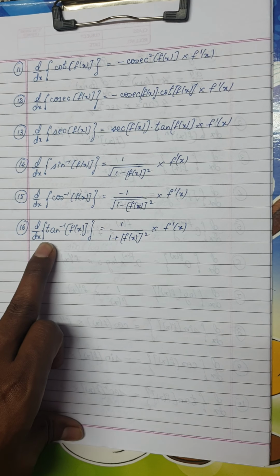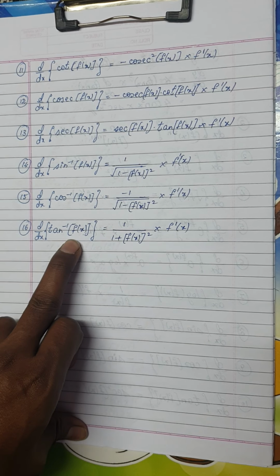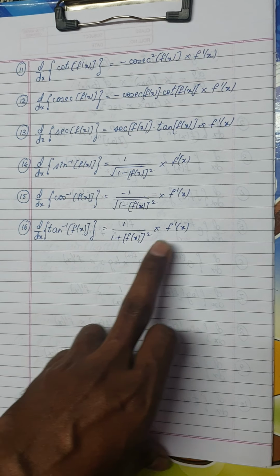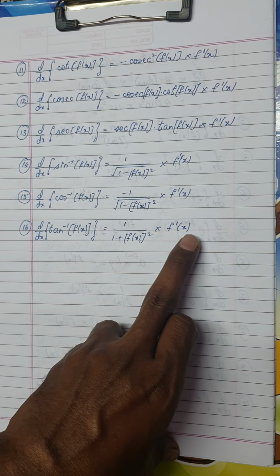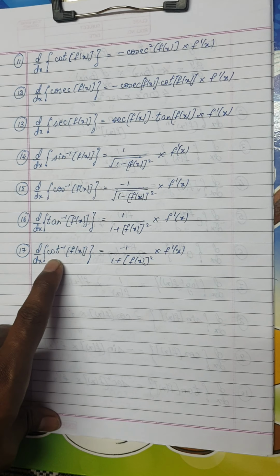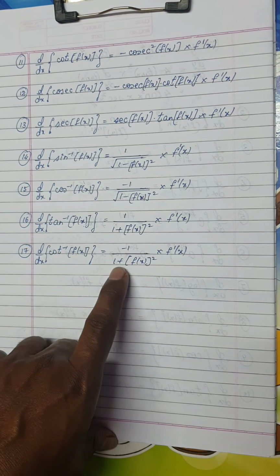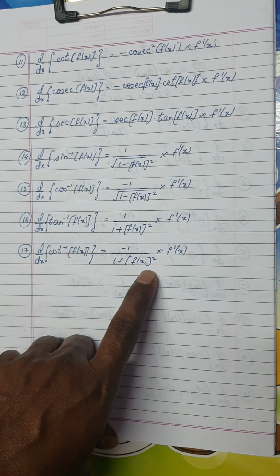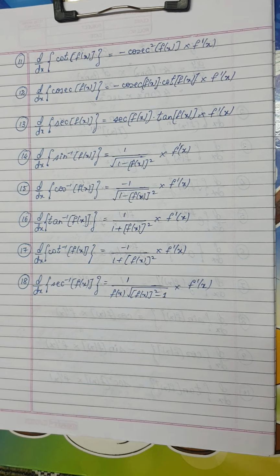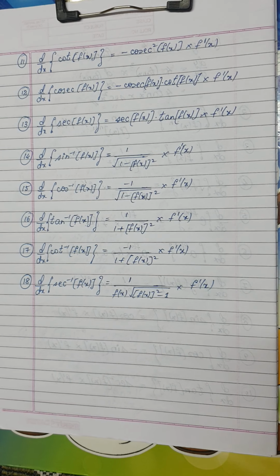Now similarly, the derivative of tan inverse of f of x is 1 divided by 1 plus f of x square into f dash of x. Hence the derivative of cot inverse f of x is minus 1 divided by 1 plus f of x square into f dash of x. Let's move on to secant inverse x.